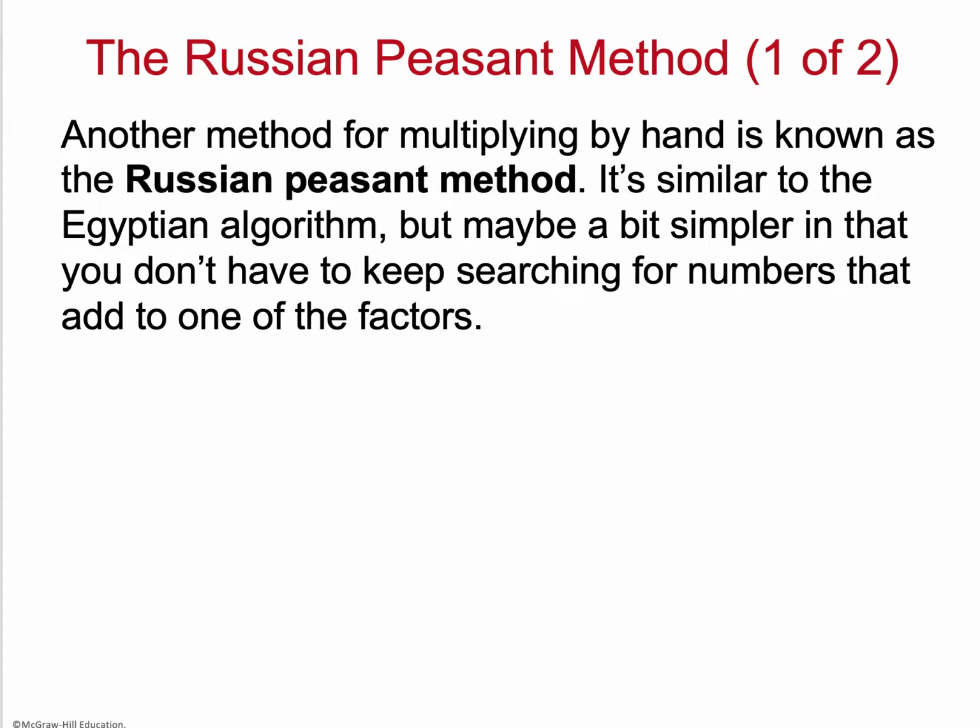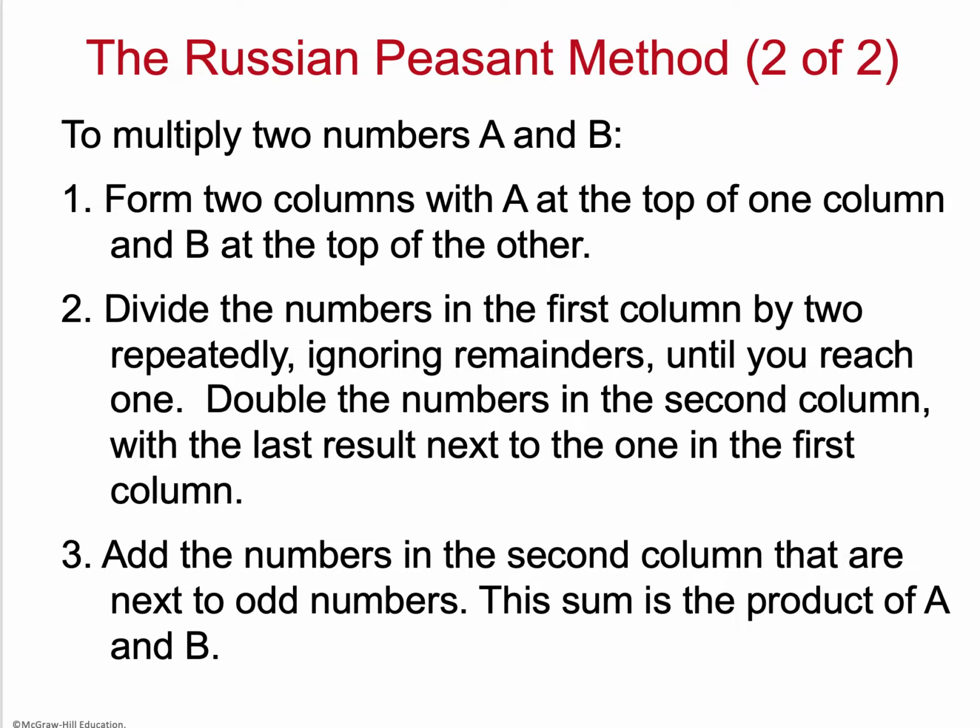If I want to use the Russian peasant method, this is another way we multiply by hand, so it's another interesting way to do it. Again, it's not about this is the method they're going to use every time they multiply, but it's about building the skills up. So in this method, I'm going to form two columns with the number A at the top of the column and the B at the other.